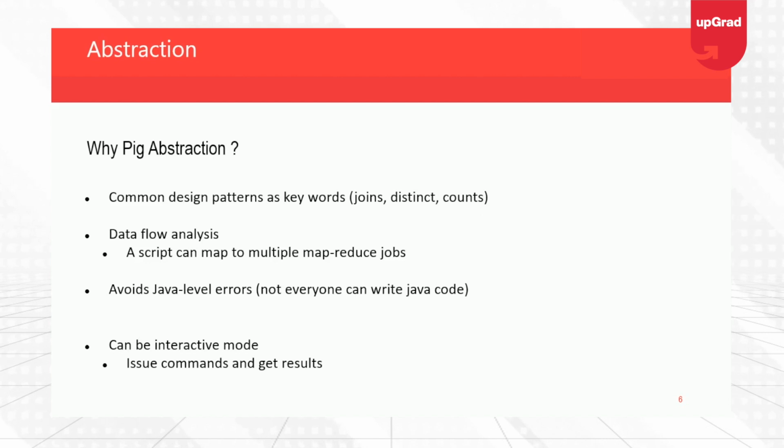We can do more using fewer lines of code. Apart from that, it also opens the domain of data analysis to non-Java programmers as well. Pig is pretty popular because of its features and its versatility.